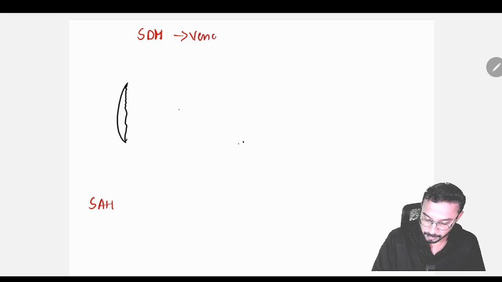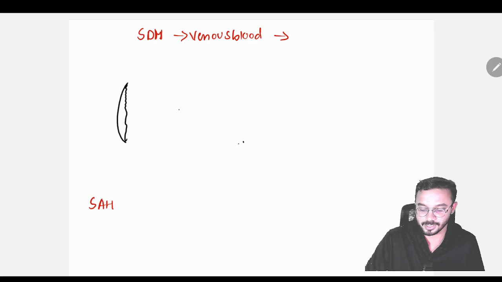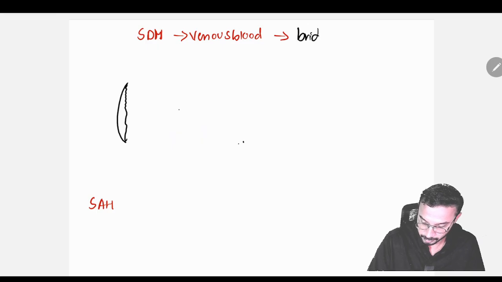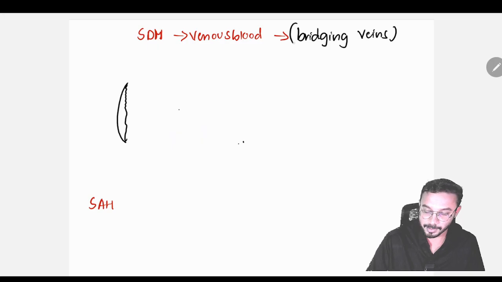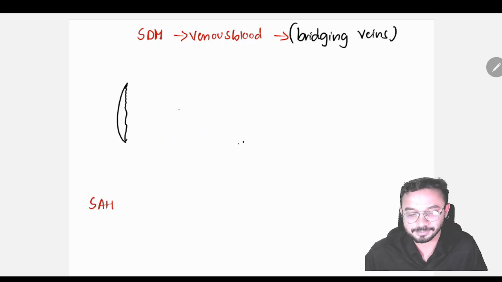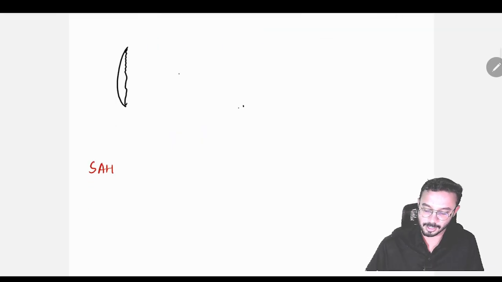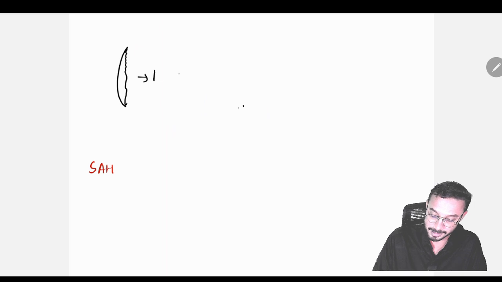I thought you know about the diagram, which involves bridging veins. Bridging veins are involved, so I am explaining clearly so that you won't forget. So look at this CT. It is looking like a lens, no?